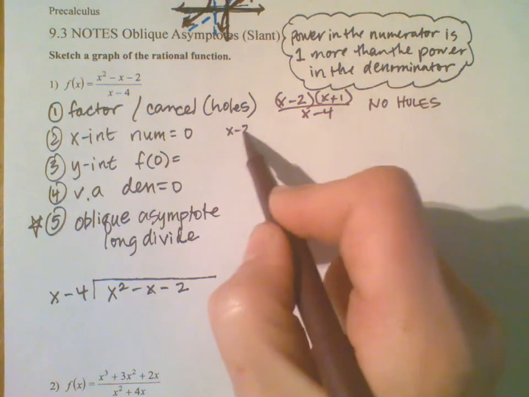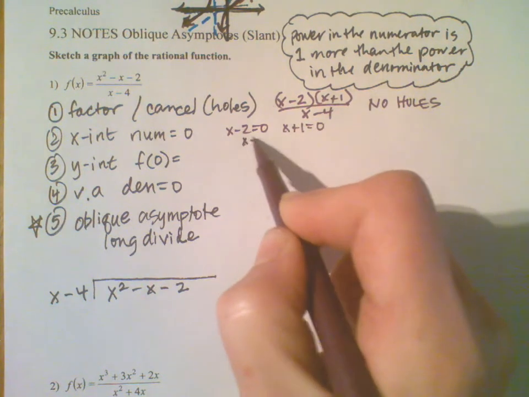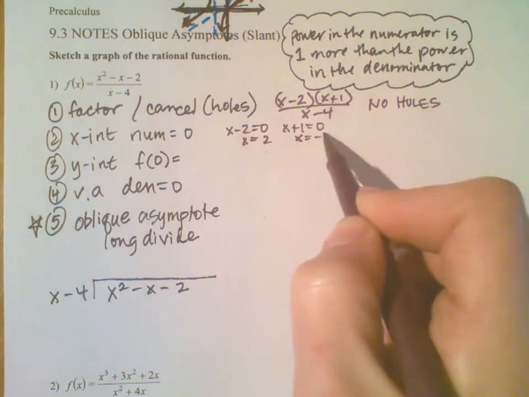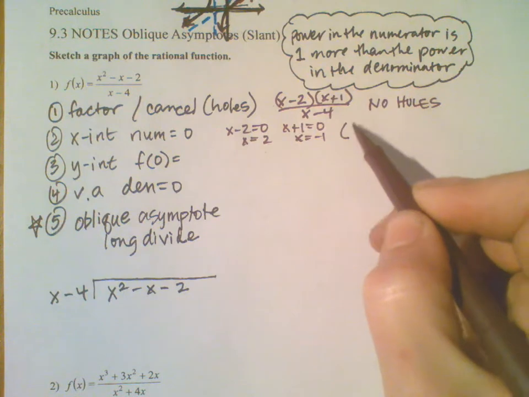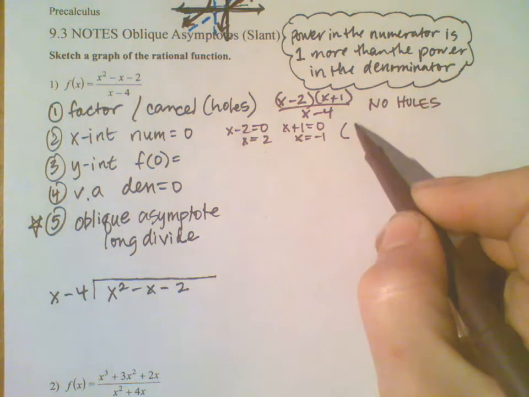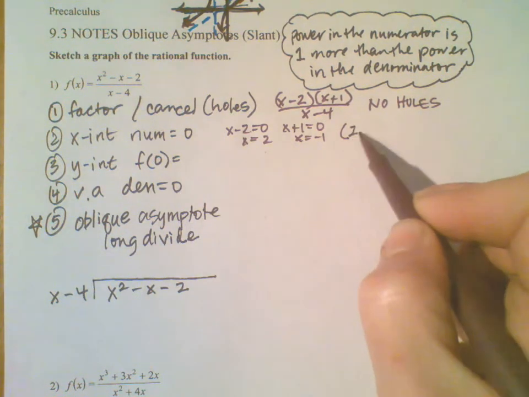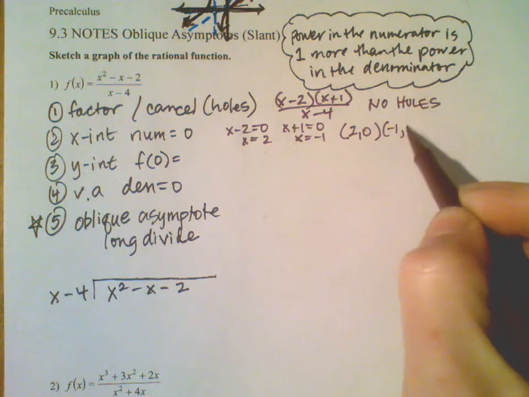So x minus 2 equals 0, and x plus 1 equals 0. That's at x equals 2 and x equals negative 1. So I have x-intercepts at (2, 0) and at (negative 1, 0).